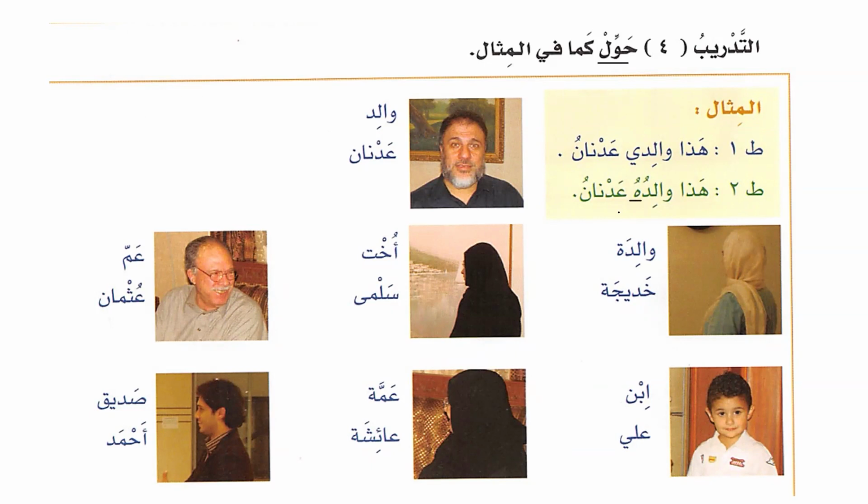And similarly, walidatun, and you can say هذه والدة خديجة. And then for Khadija, you see what you will use. You will say هذه والدتها خديجة. So for the feminine, you will use ha, and for the masculine, we will use hu. So these are the attached pronouns we have already learned.